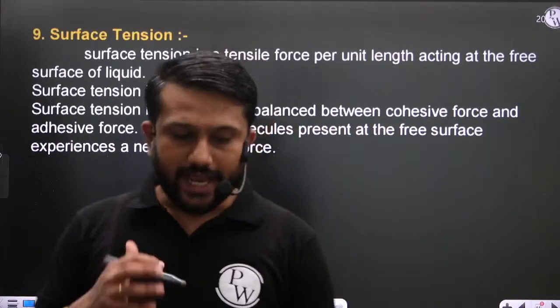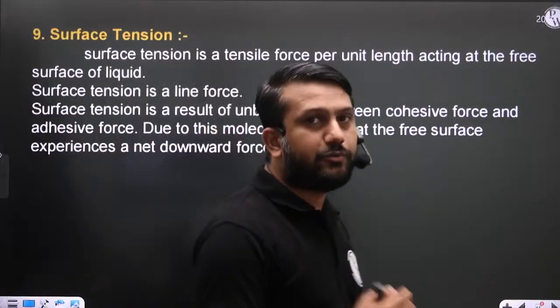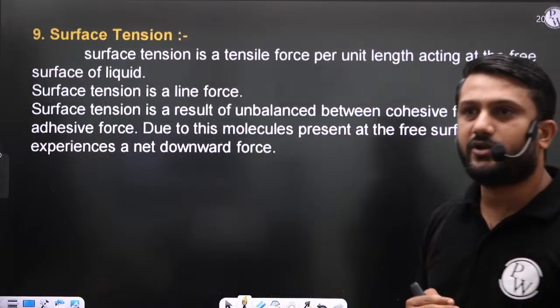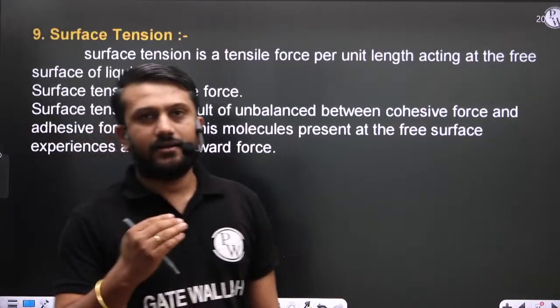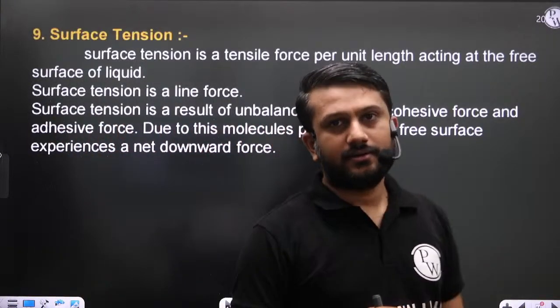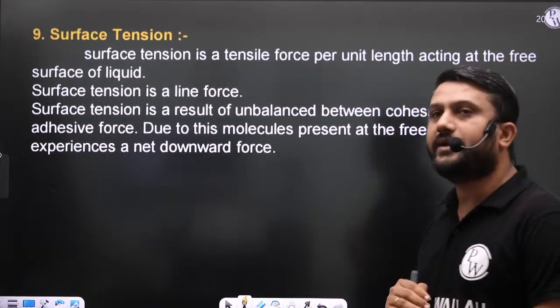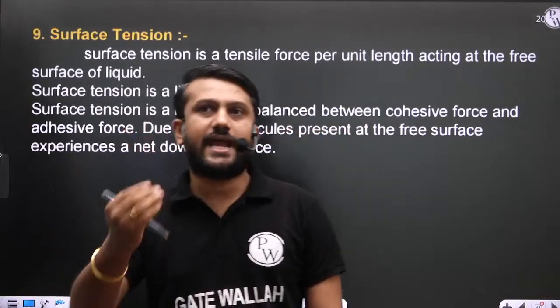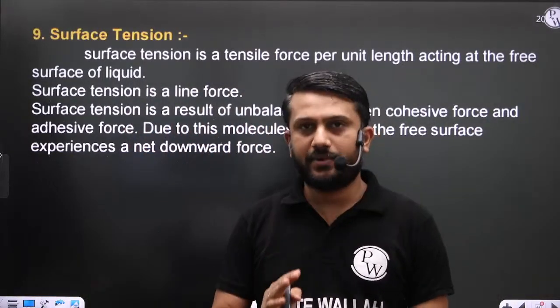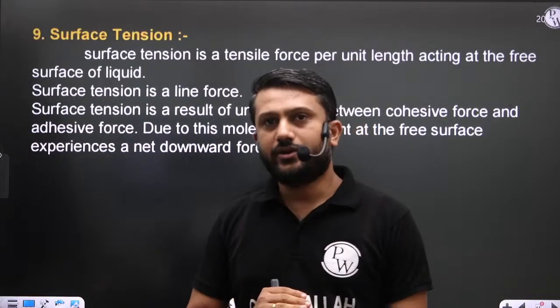So we know that surface tension comes into the picture due to imbalance between the cohesive force and the adhesive force, right? And surface tension is simply tensile force per unit length.